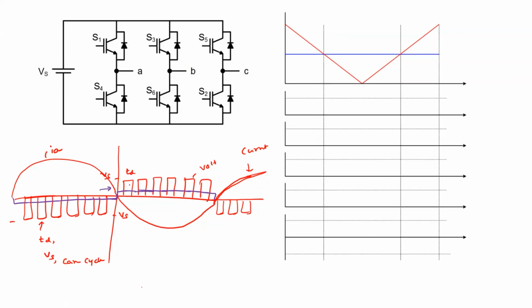That is TD into Vs, and that is happening for every carrier cycle. TC is the carrier cycle. Agree? So this value is TD into Vs by TC, where TC is the carrier cycle. In every one carrier cycle, we have this delayed pulse or the delayed error.